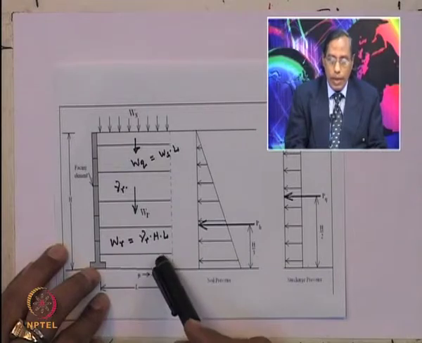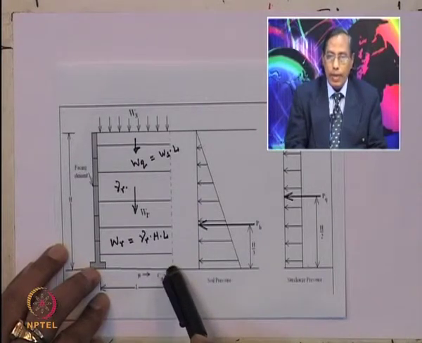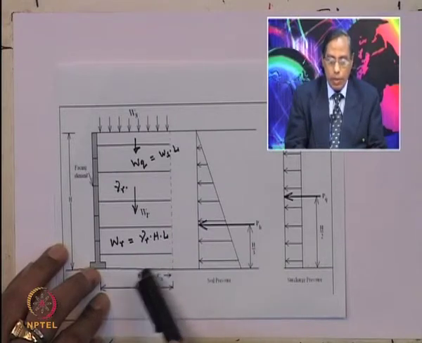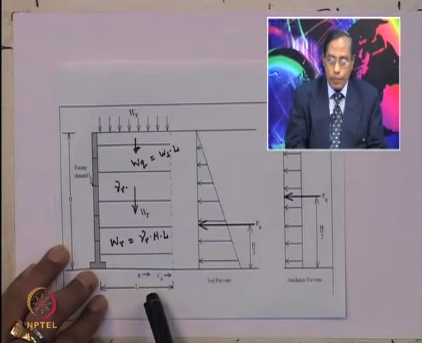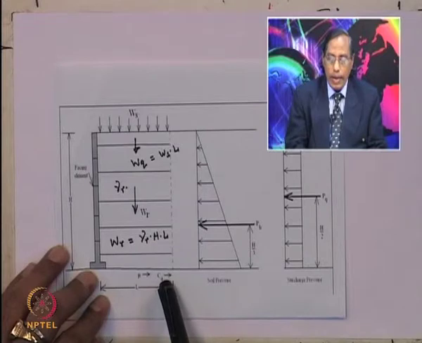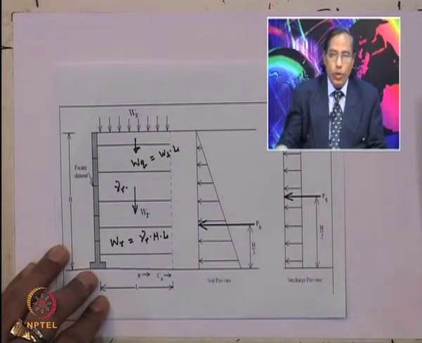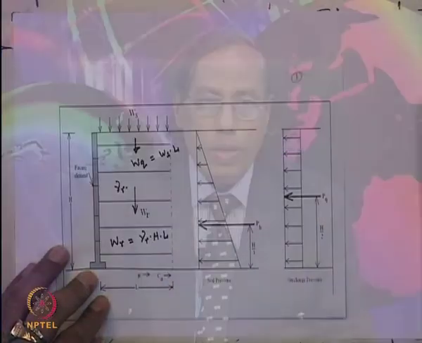When it interacts with another material, we say that it is adhesion. So CA is the adhesion between the soil and reinforcement. One is the friction factor, another is the adhesion factor, and this you have to consider in the design.